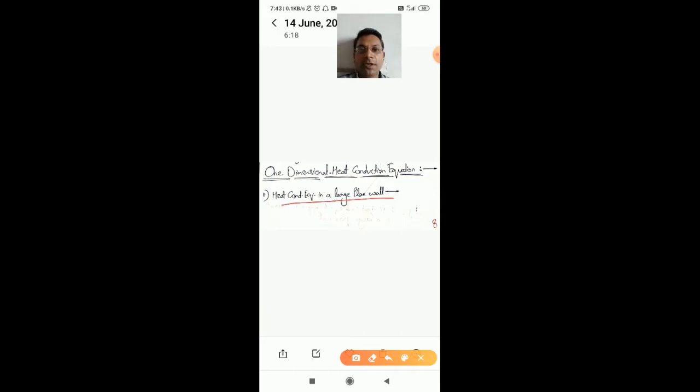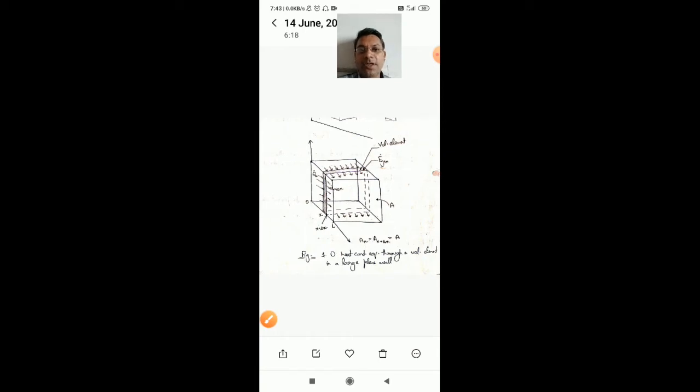So students, when I am considering a large plane wall, it means that rectangular axes are preferable to solve the boundary conditions and the equations. This is a diagram for the one-dimensional heat conduction equation in a large plane wall.